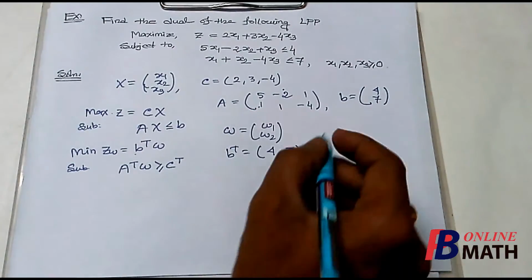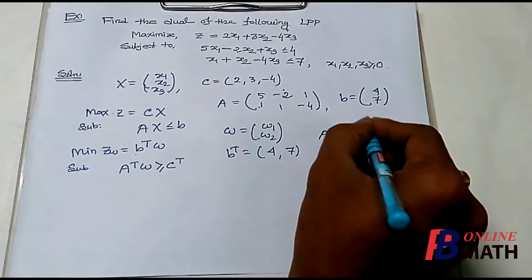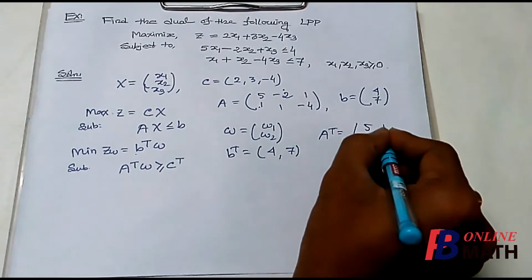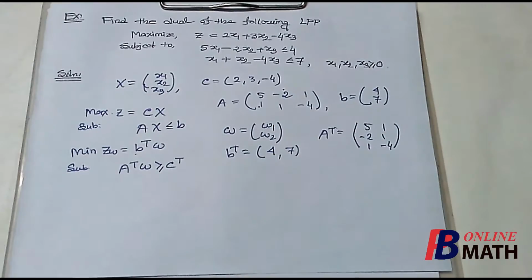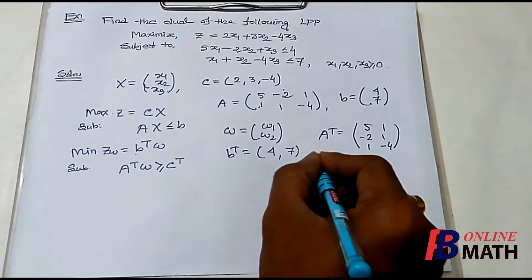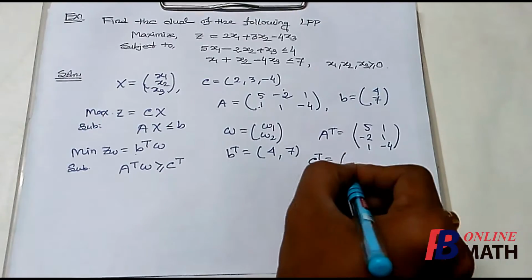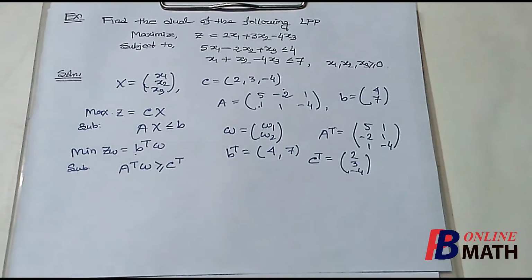This is the A matrix, so A transpose will be 5, 1, minus 2, 1, and 1, minus 4. And finally C transpose will be the column vector 2, 3, minus 4.